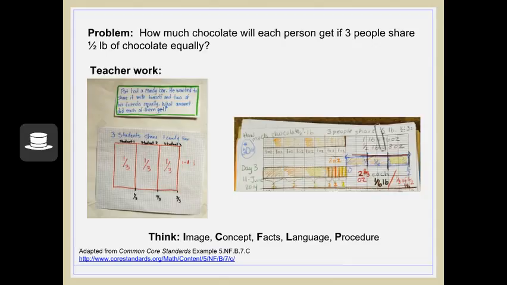But it's important to notice that there's another approach, a correct answer, and then the possibility of converting 2 and 2/3 ounces into 1/6 of a pound. However you want to help students understand that. So again, you've seen a lot of images here, some underlying the concept of dividing by 3, facts of arithmetic and language, and possibly even a little procedural work here, depending on how exactly the teacher chooses to explain that.